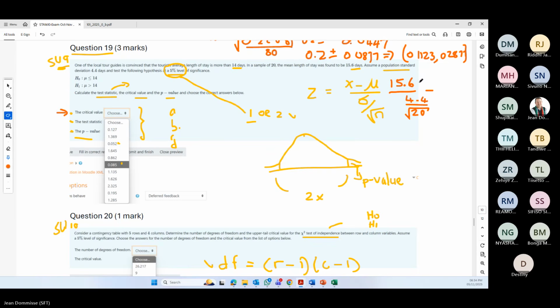So 15.6 minus 14, and so that at the top is 1.6, divided by 4.4 divided by square root of 20.